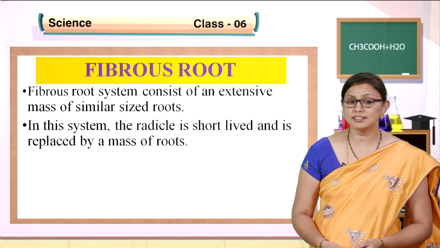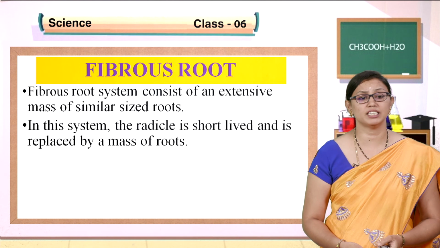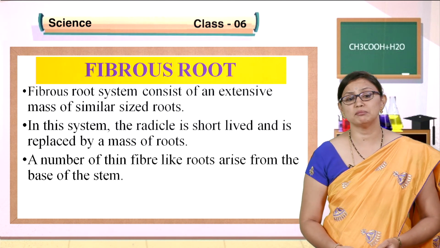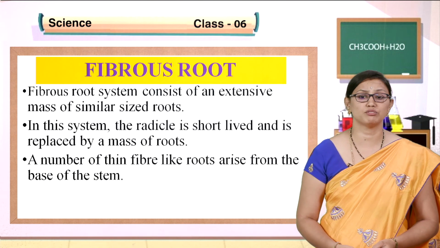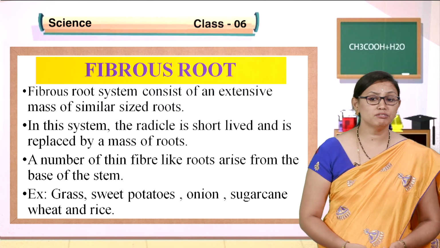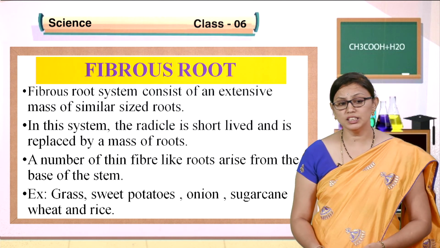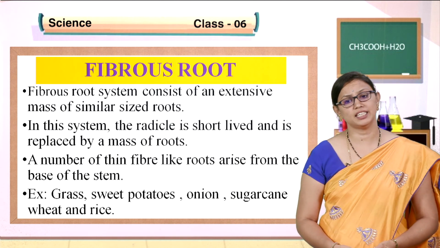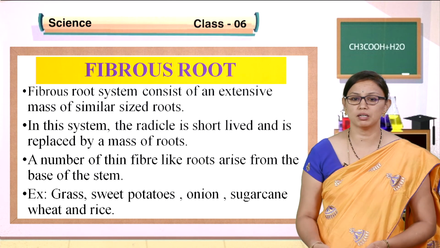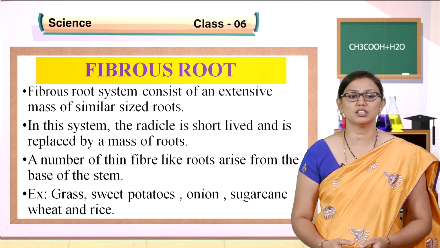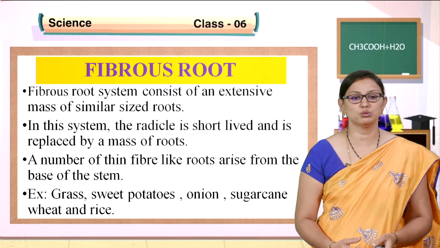In this system, the radicle is short-lived and is replaced by a mass of roots, and a number of thin fiber-like roots arise from the base of the stem. Examples of fibrous roots, children: grass, sweet potatoes, onion, sugar cane, wheat and rice. This type of plants will have fibrous roots. It is also called a mass of roots.